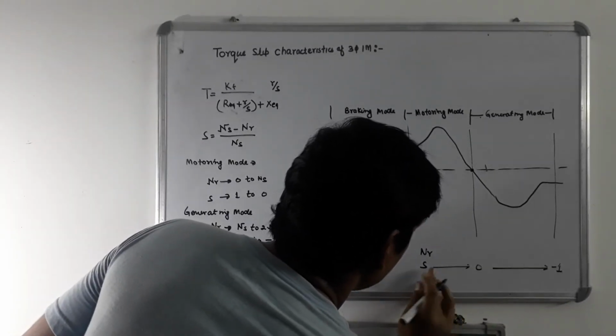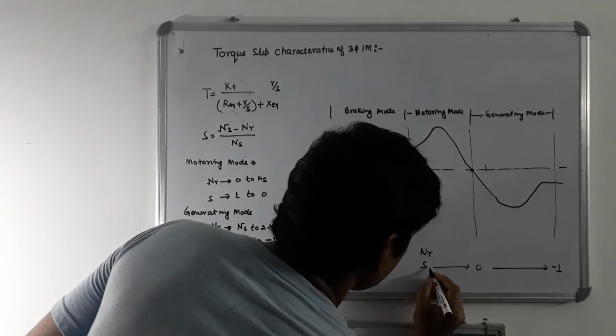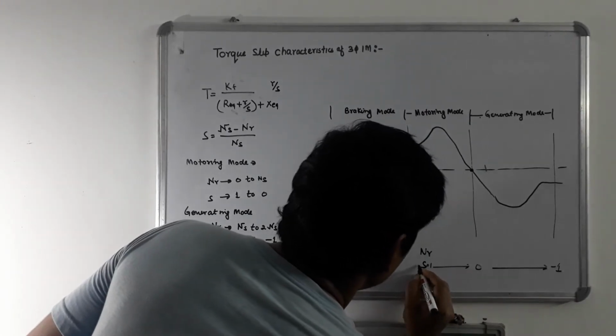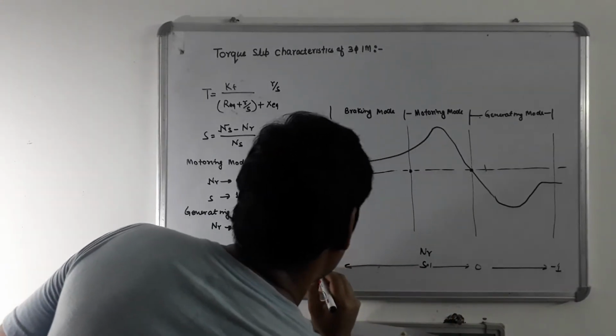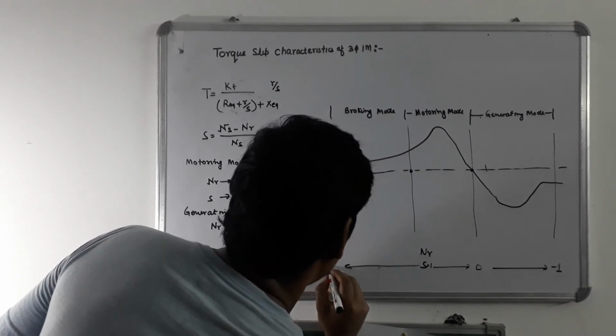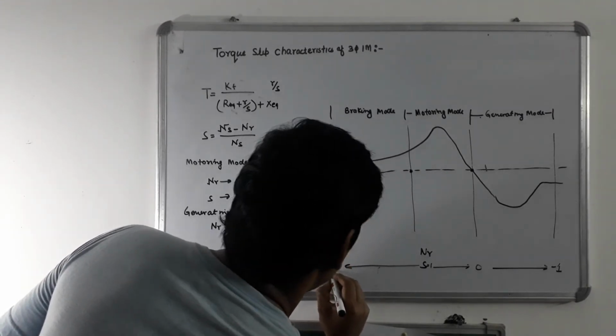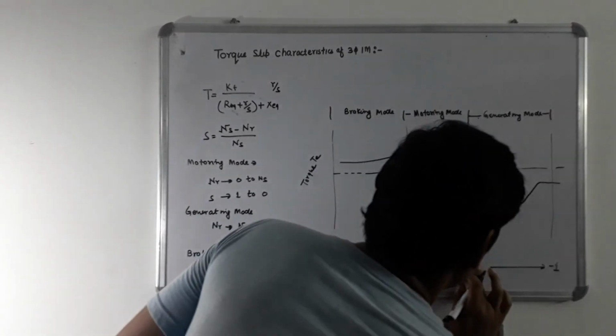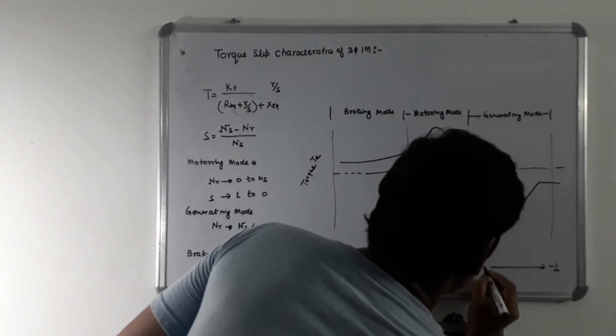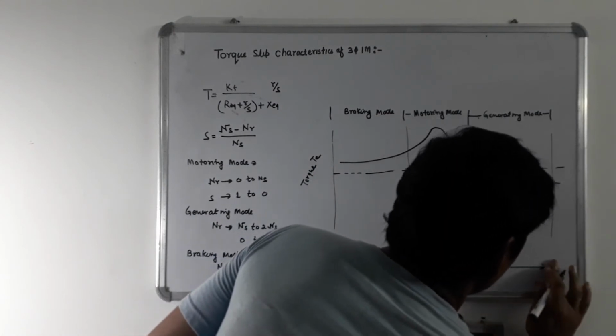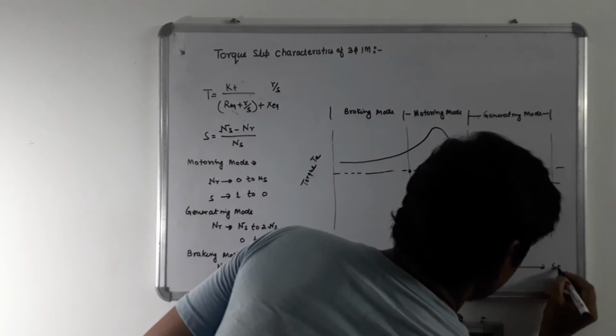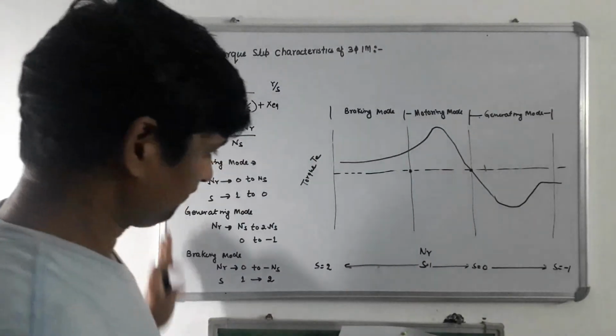This is the slip equal to 1, and here S is equal to 2. S is equal to 0, and S is equal to -1, which is already explained here.